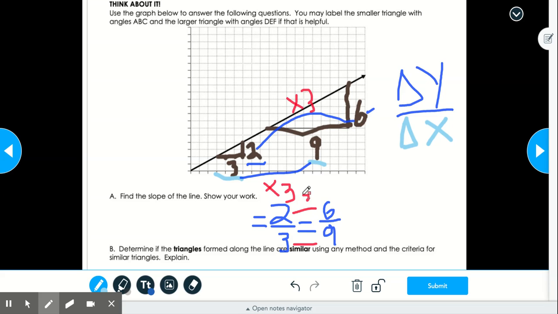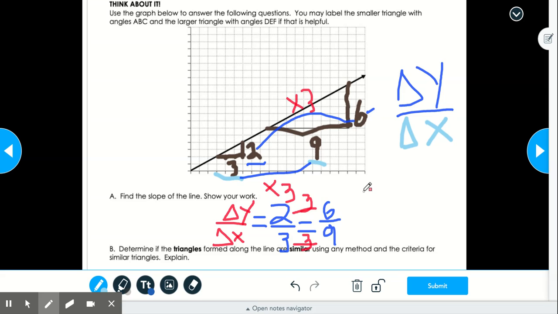In this case, I'm multiplying top and bottom by 3. And in each case, I get the correct solution, 6 and 9. So this tells me that both of these are proportional. So I can use delta y over delta x as my justification because they are all consistent.